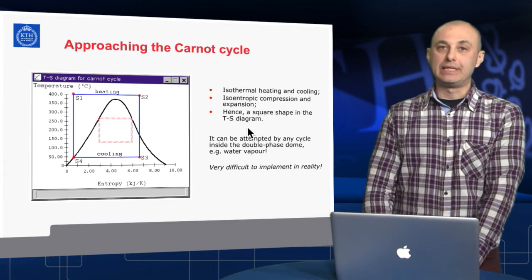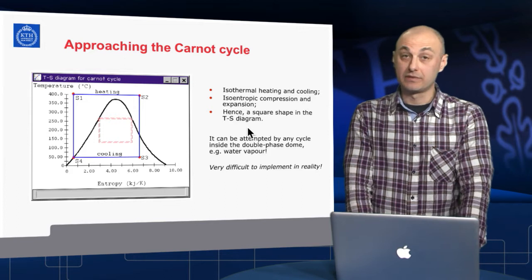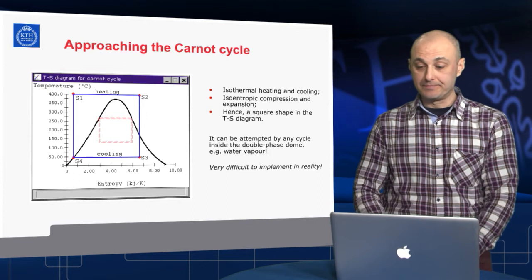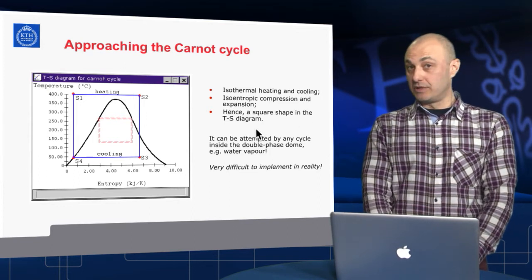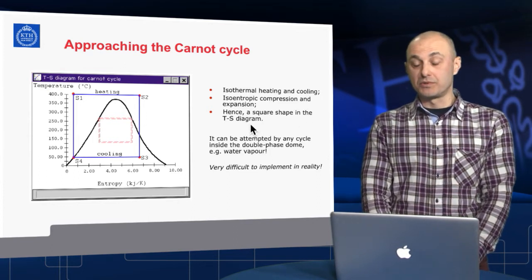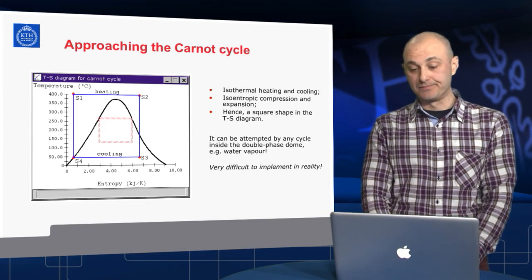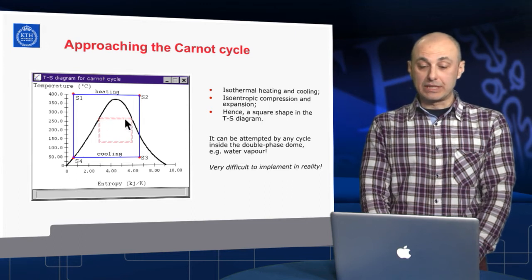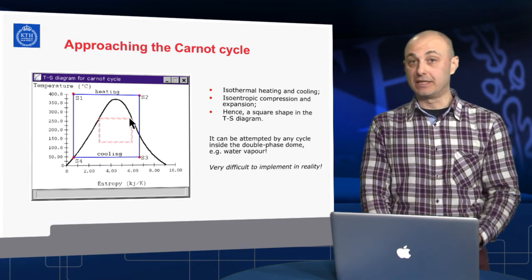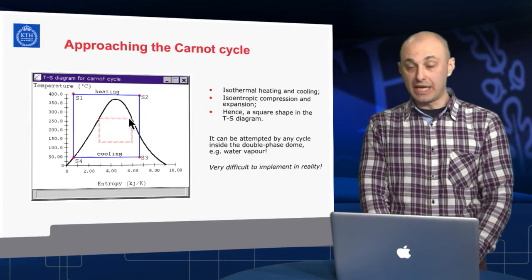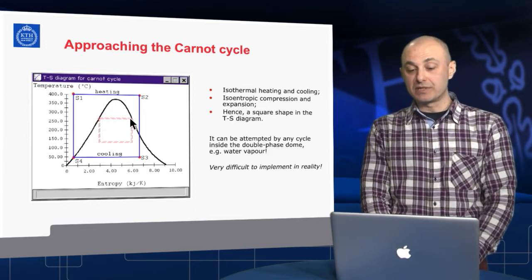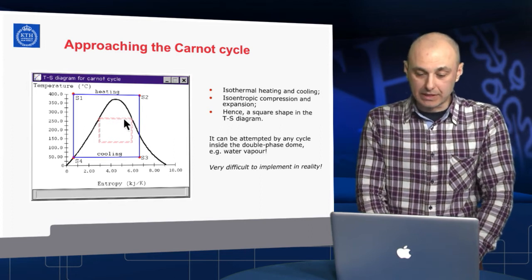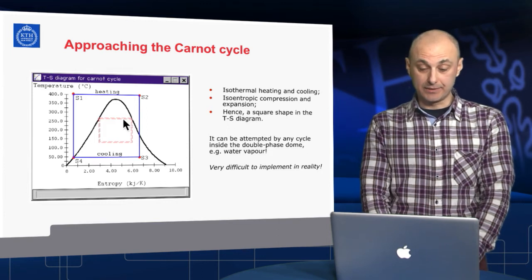Now, steam offering us the option of condensing within its double phase zone at a constant temperature actually helps us to approach as much as possible the Carnot cycle. The boiling process, again, being able to proceed at a constant temperature, thanks to the fact that it's a phase change process, again offers us an option to represent, almost as close as possible in the best case, ideal case, the Carnot cycle.